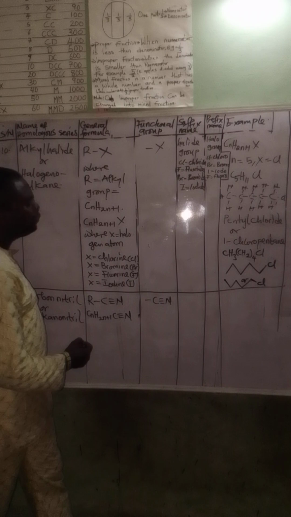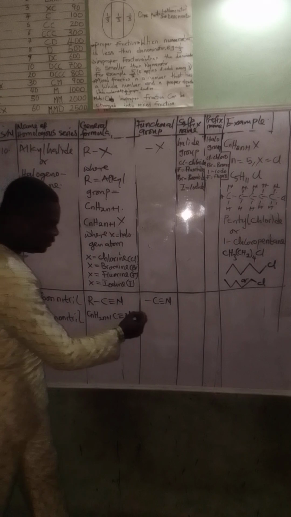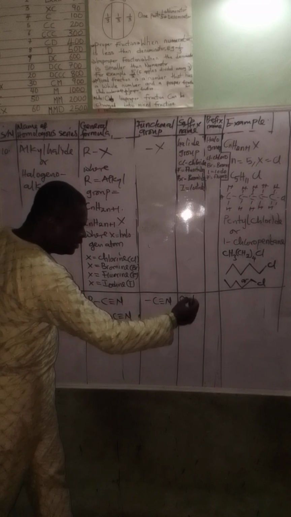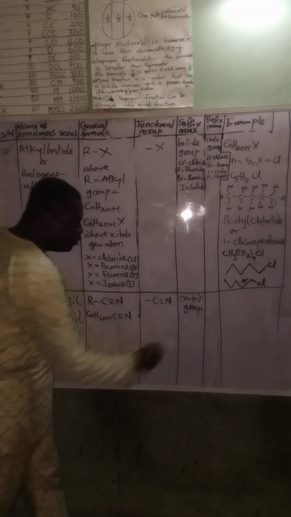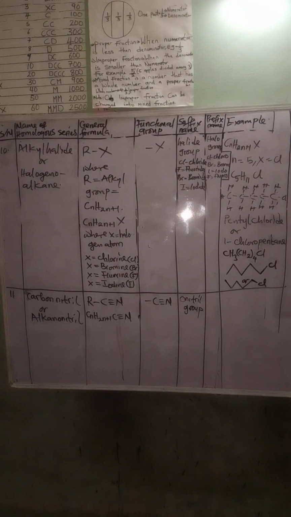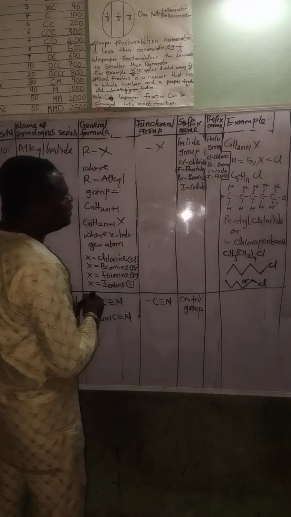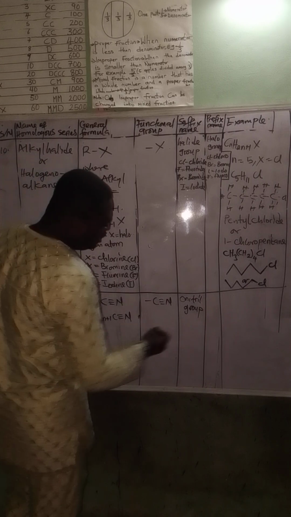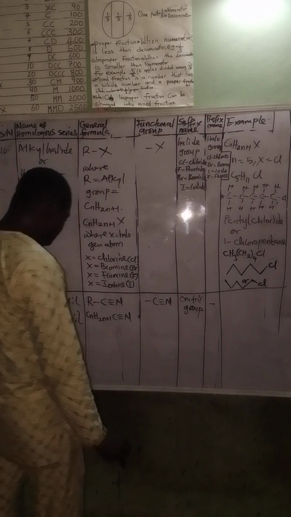Now the suffix name, look at the name, nitrile. So that's the nitrile group. That is its functional group name. Now, let's look at the example.